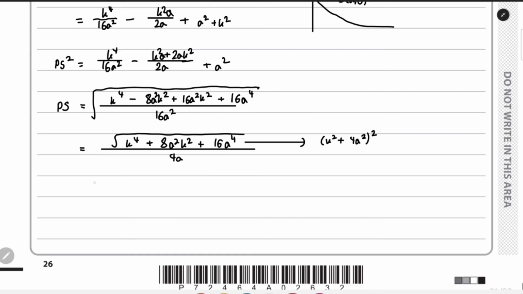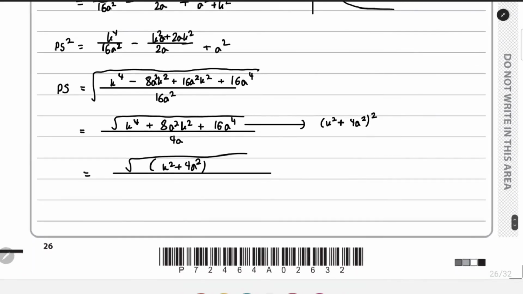So if we do that, we get root over whole square of k square plus 4a square and a 4a in the denominator. The root and the square will cancel out, leaving us with k square plus 4a square divided by 4a. This is what we had to show.